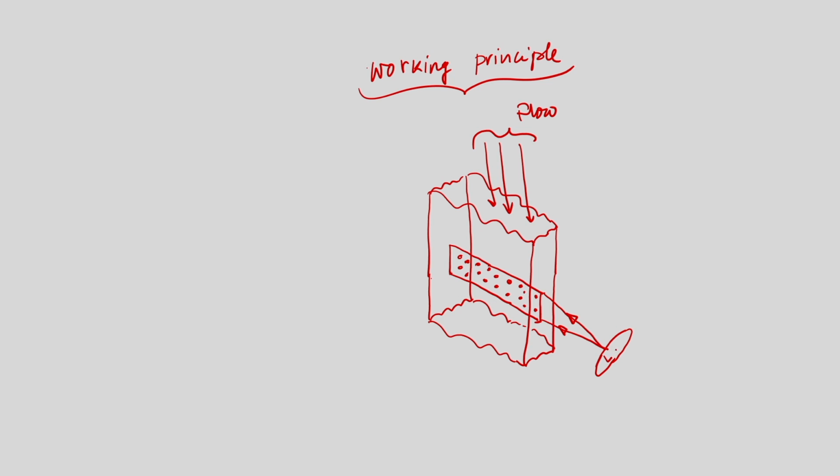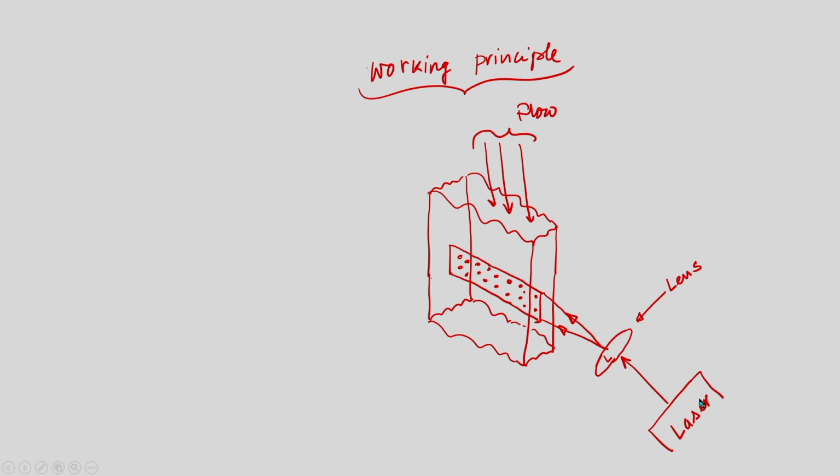So, this is lens L, and light is falling on the lens from a laser source.